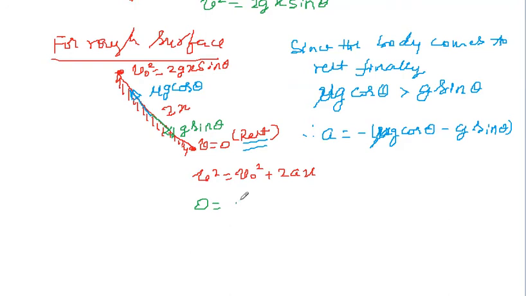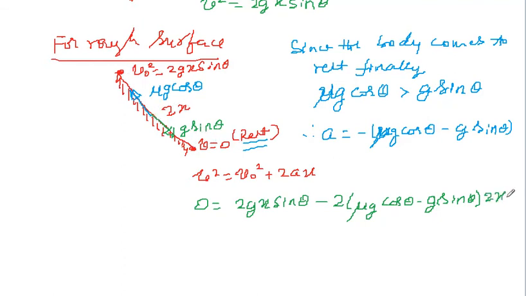So it is 2gx sine theta. Since a is negative, I can put negative 2 in the bracket: mu g cos theta minus g sine theta, into the displacement 2x. The length of the rough surface is 2x.